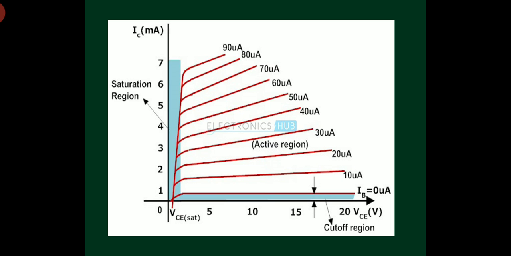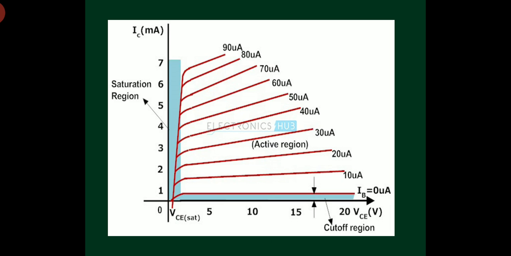In this graph, you can see that the characteristics are not horizontal, like in common base configuration. In common base configuration, the output characteristics are horizontal lines and the spacing between the graphs is equal.